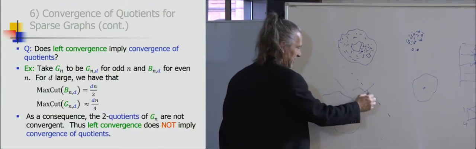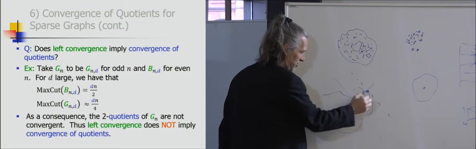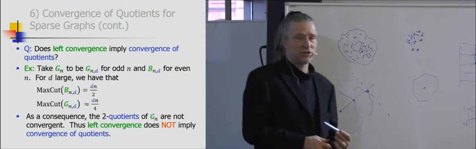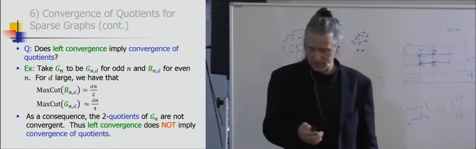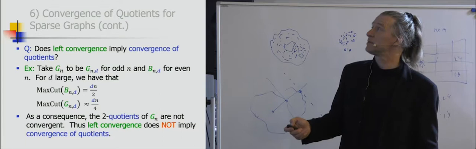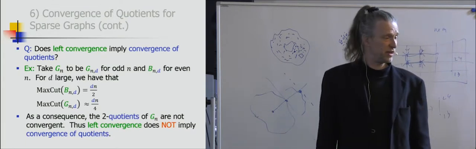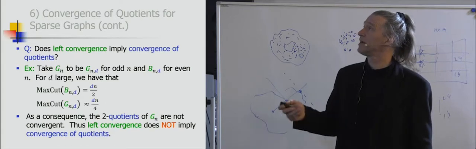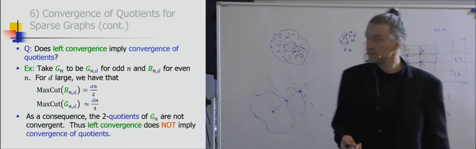That means clearly there is a point here which is at a large distance from that point, so they can't converge in this Hausdorff metric. But I already told you that both of them converge to the infinite d-regular tree, so left convergence does not imply convergence of quotients.